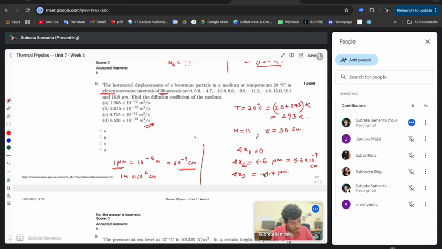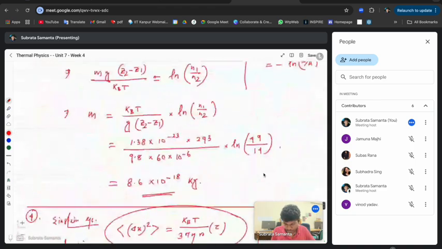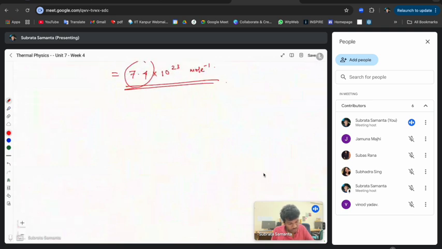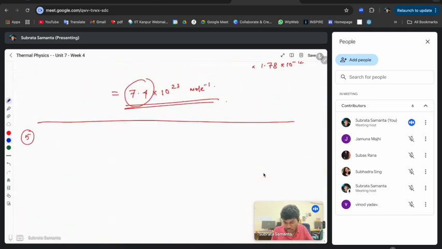So problem number 5, I will use SI units. Delta x square average is 117.9 times 10 to the power minus 8 centimeter square.